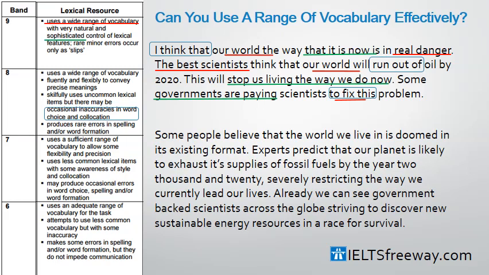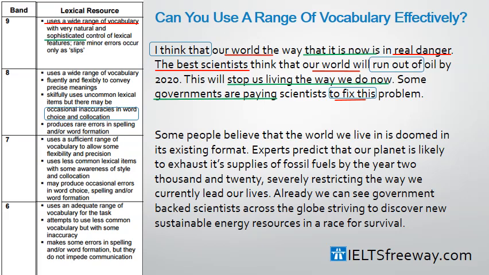Okay, so I've changed this to, some people believe that the world we live in is doomed in its existing format. Experts predict that our planet is likely to exhaust its supplies of fossil fuels by the year 2020, severely restricting the way we currently lead our lives.